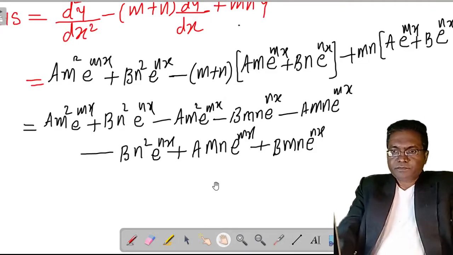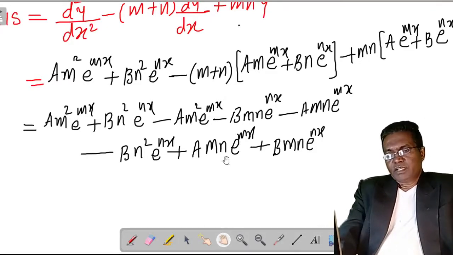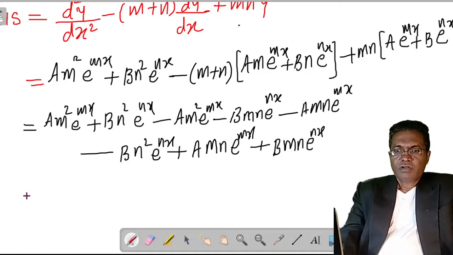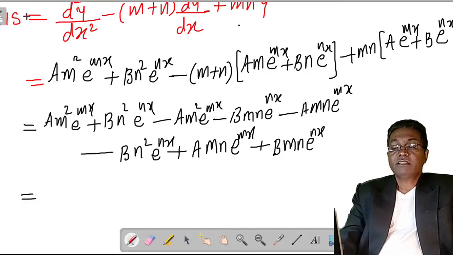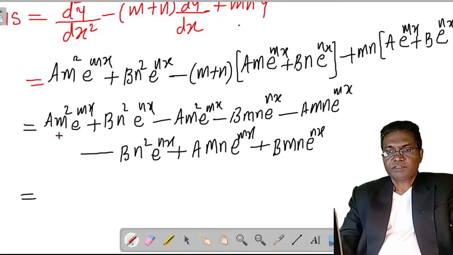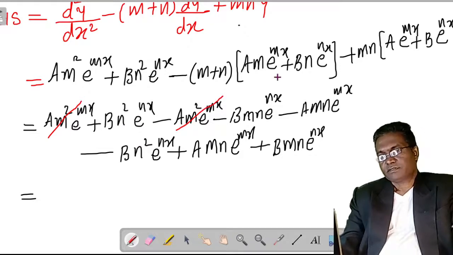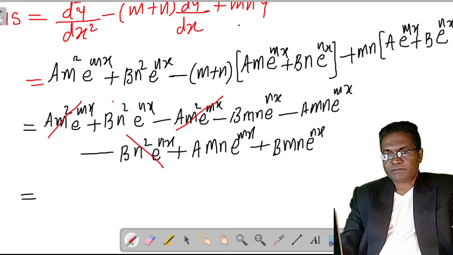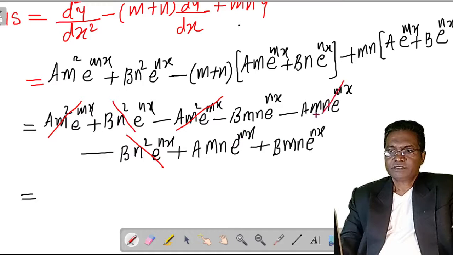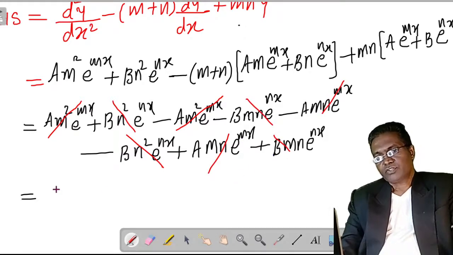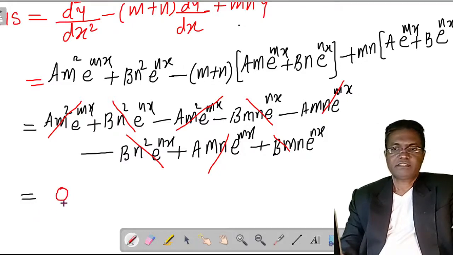Okay, so there are 4 positive terms, 4 negative terms, and then think of cancellation. So this cancels with this, b n square e power nx minus b n square e power nx. Similarly, this and this cancel, this and this cancel, so you will get 0.